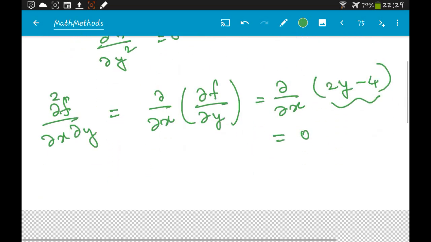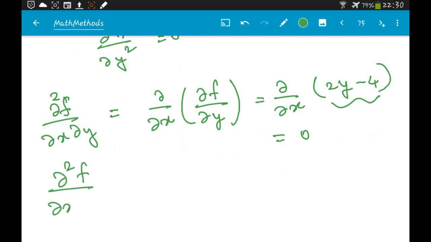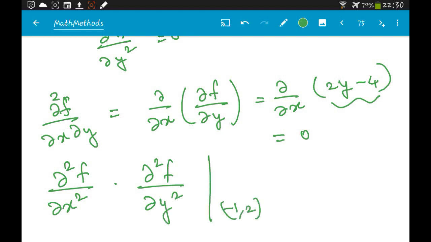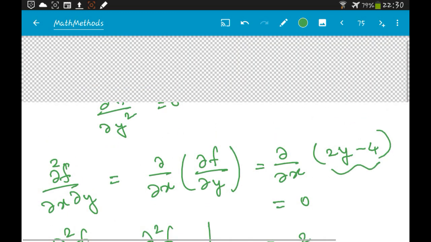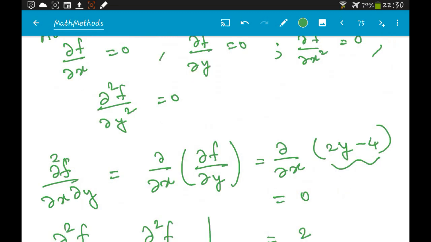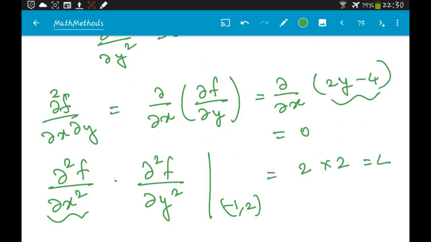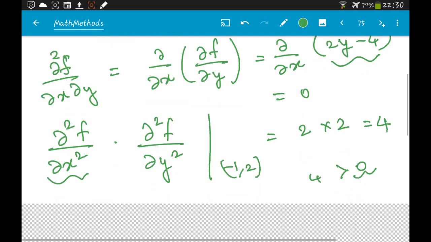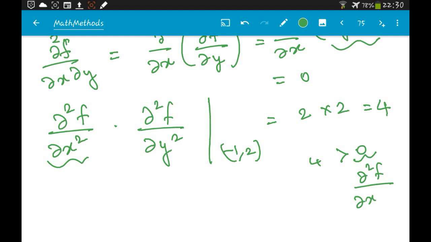Alright. So now dou square f by dou x square into dou square f by dou y square at minus 1 comma 2: this value is 2 and the other value is also 2. This is 2 into 2, which is 4. And this 4 is greater than 0, which is the value of dou square f by dou x dou y at minus 1 comma 2.